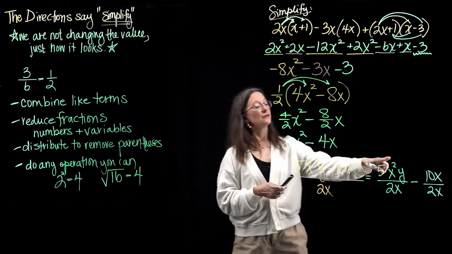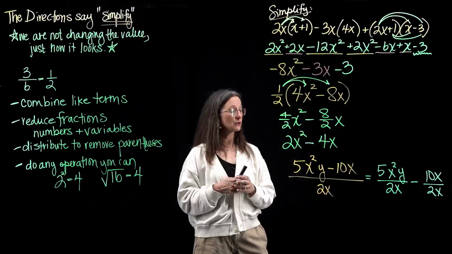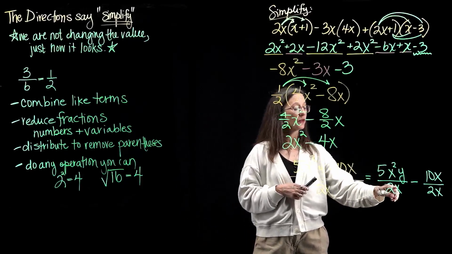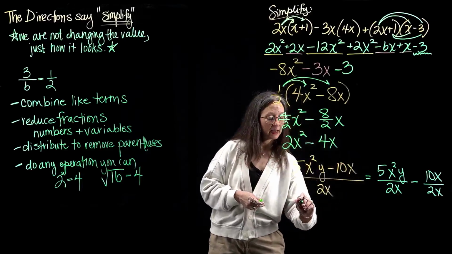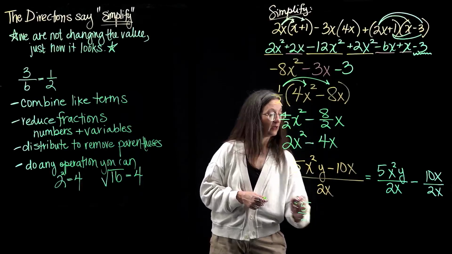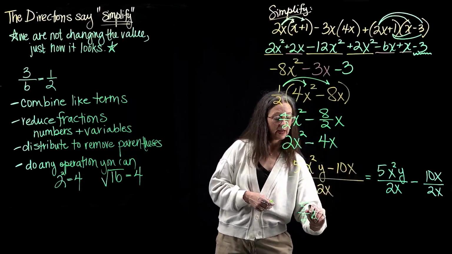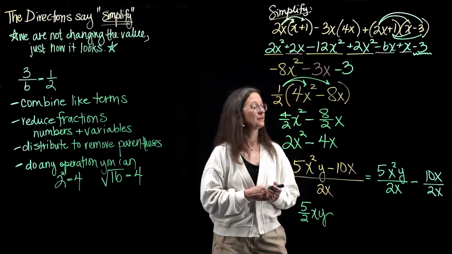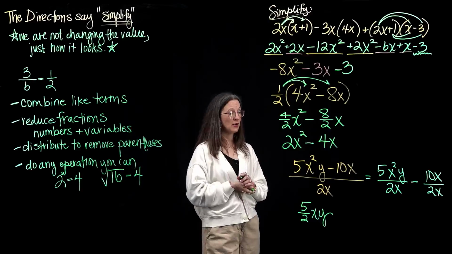So this first term, 5 over 2, doesn't reduce. X squared over x, though, does. So I could rewrite this as 5 over 2 times x squared divided by x would just be an x. And then the y stays on the end because there's nothing to cancel that y with.